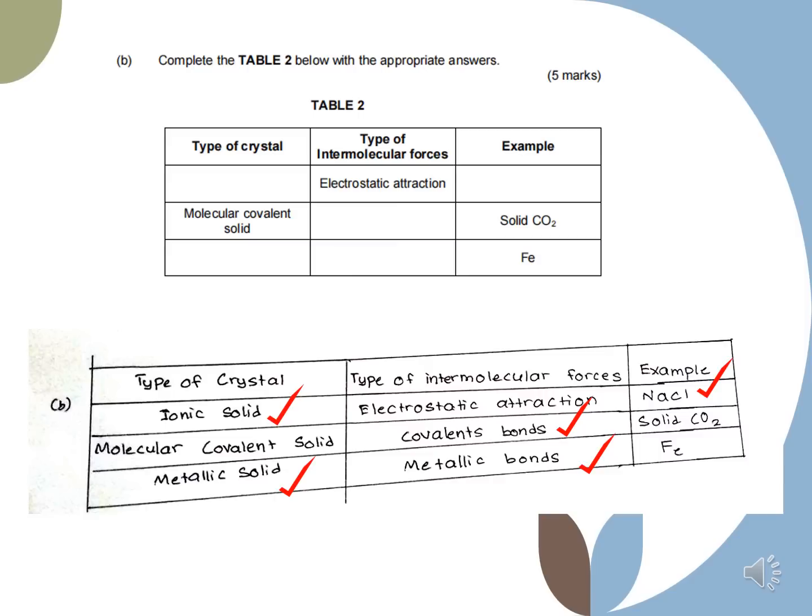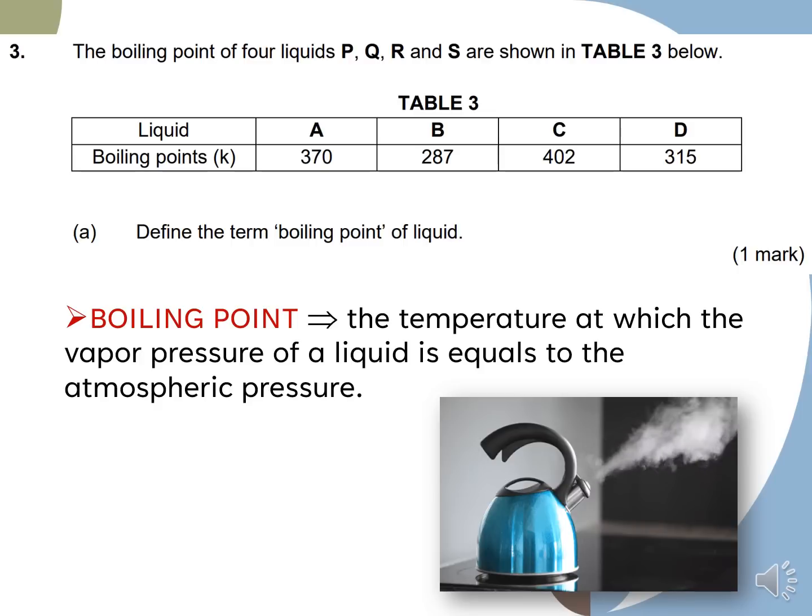Type of intermolecular forces is covalent bonds, and example is solid carbon dioxide. Number 3 is a metallic solid. Type of intermolecular forces is metallic bonds. Example is ferrum.